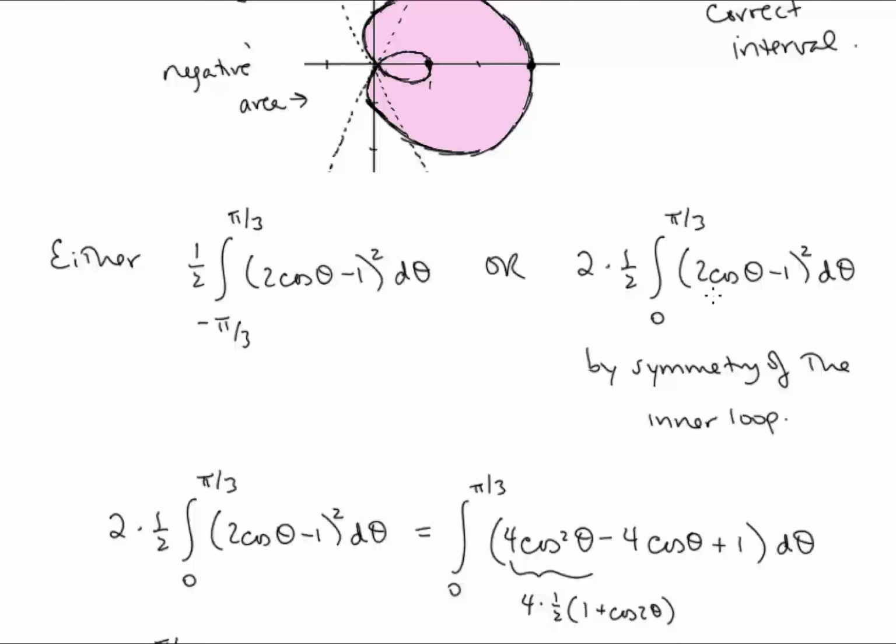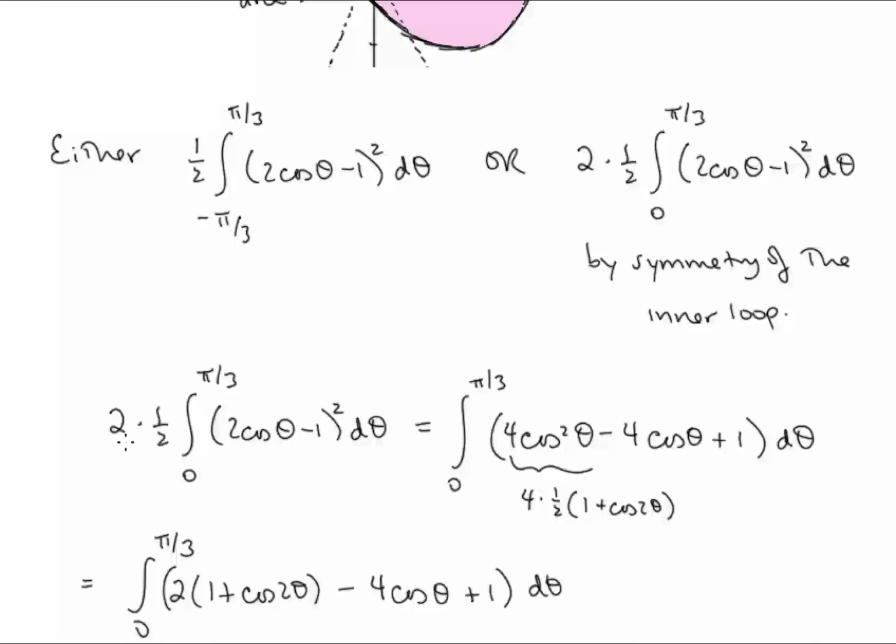So let's compute this one, because I like 0 angles better than I like negative angles. So the 2 and the 1/2 will cancel, and then we want to multiply this out. Now to integrate a cosine square theta, we're going to have to replace it with 1/2 times 1 plus cosine 2 theta. So notice this 4 times the 1/2 we get here is going to be a 2.